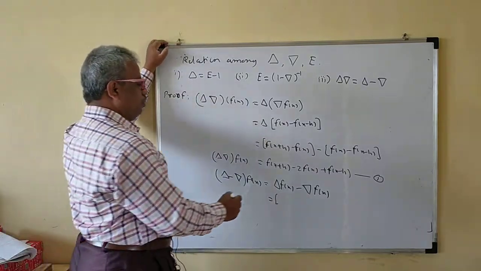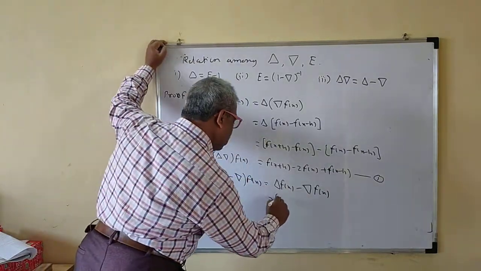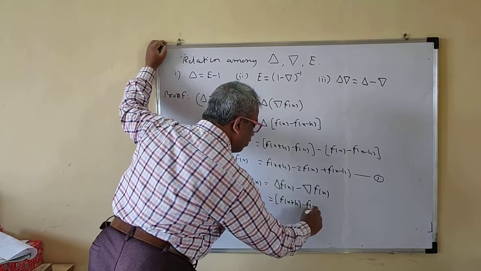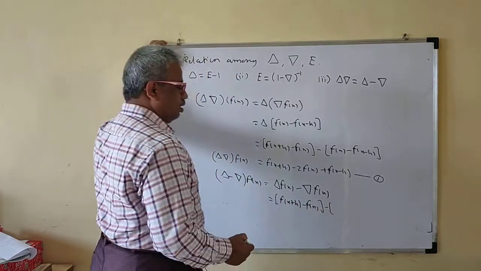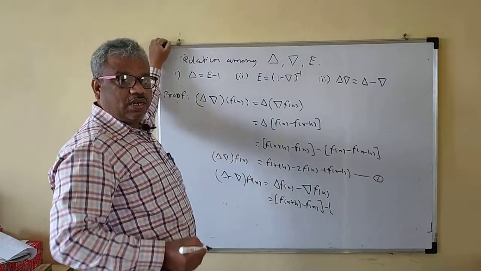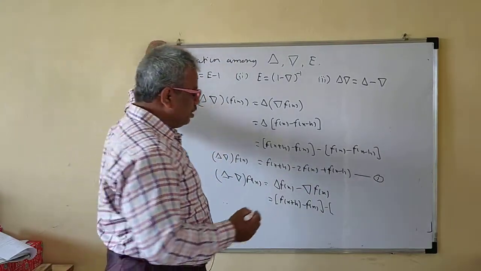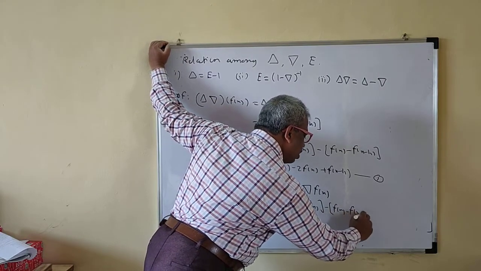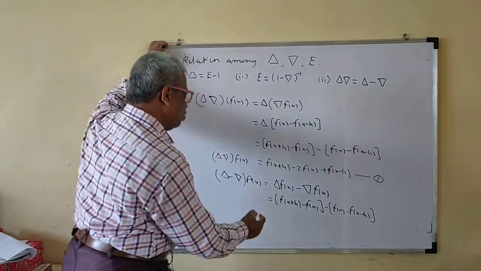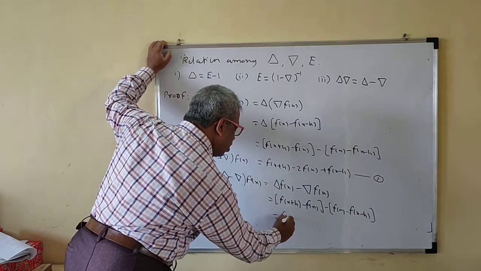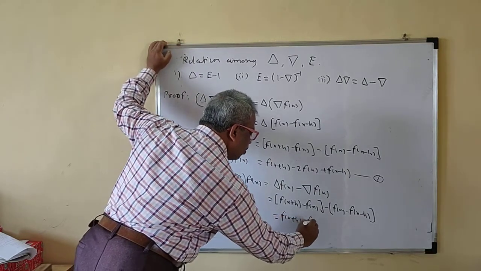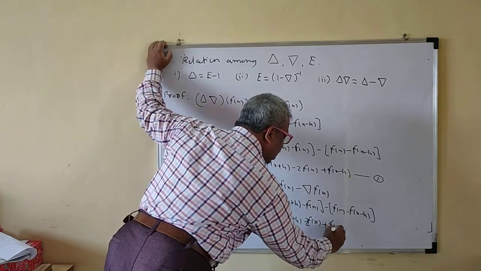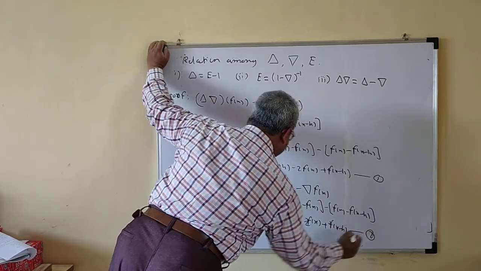This is f of x plus h minus f of x, minus the backward difference operated on f of x, which is your function as it is, minus f of x minus h. So this will be f of x plus h minus 2 times f of x plus f of x minus h. We call this 2 now.